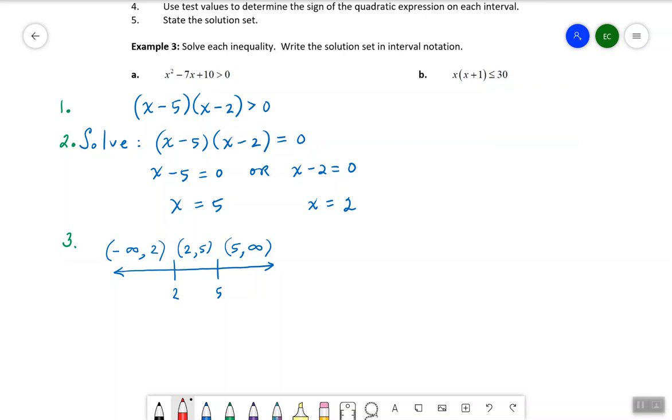What we did in step 2 is we figured out which numbers make this product 0. That's 5 and 2.